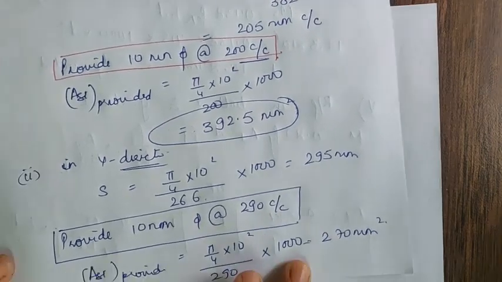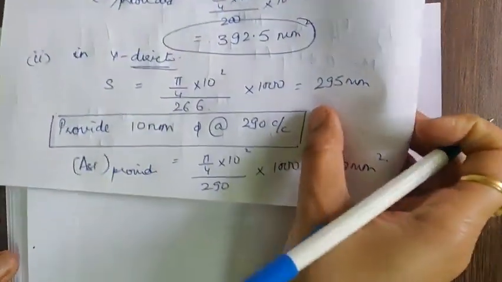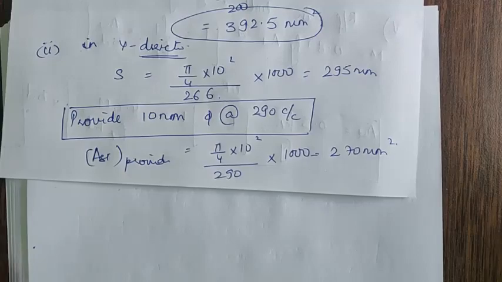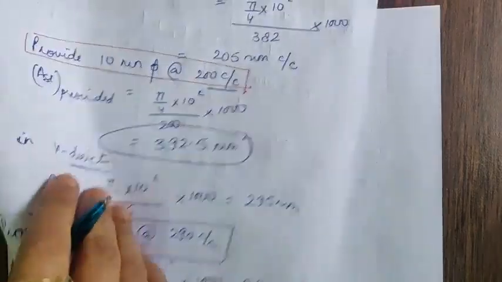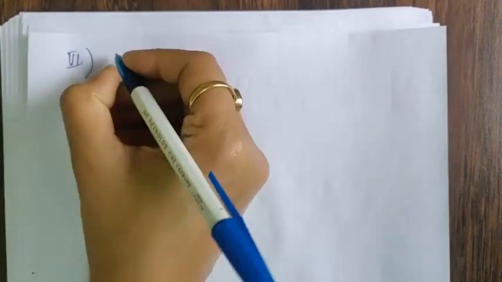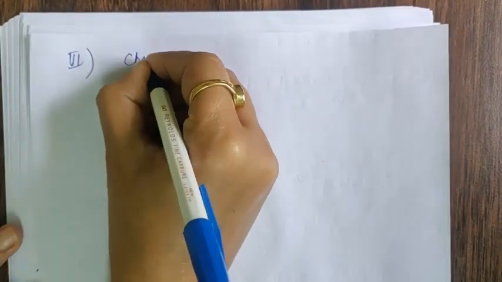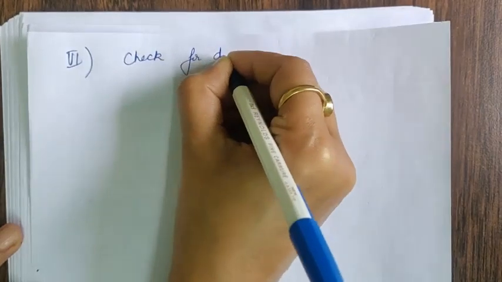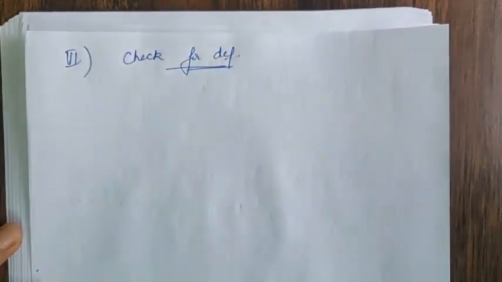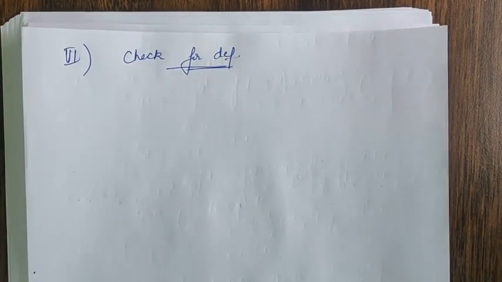Only thing is we now have to do certain checks before we finalize it, to see whether our diameters and spacings are okay or not. Okay. So the next step is step 6, that is check for deflection. It is exactly the same as we have done in one-way slabs.